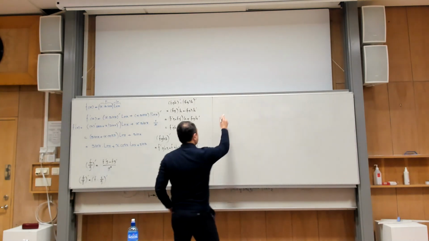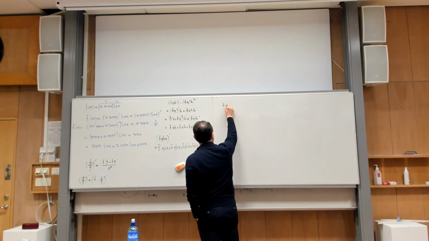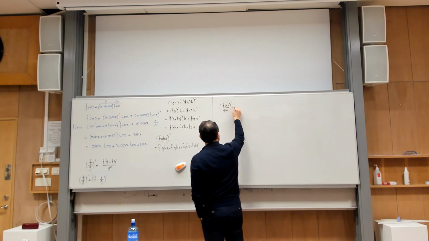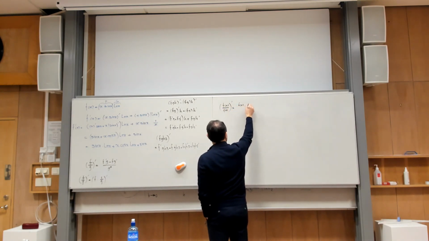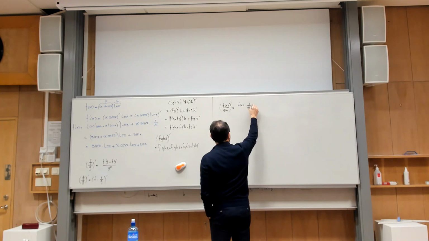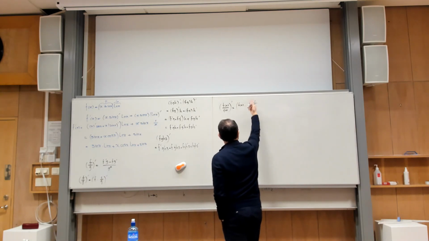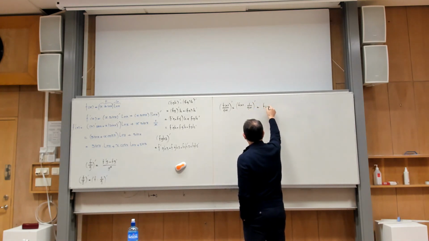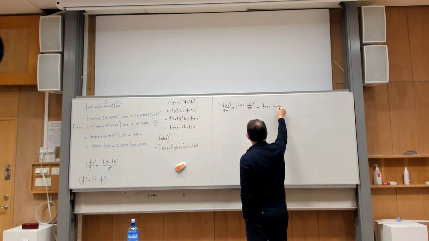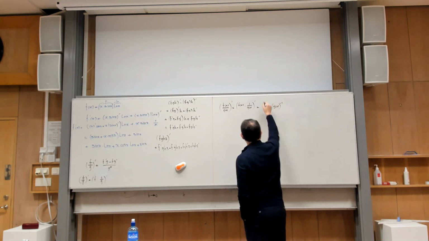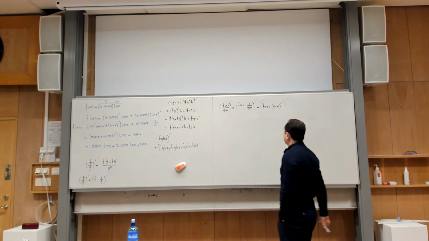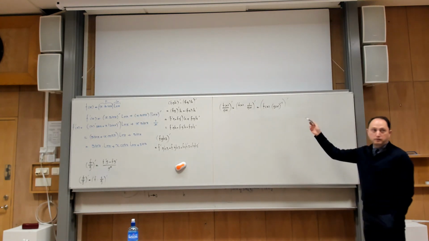Yes, let me write it like this. f of x over g of x, prime. The first thing that I do, I write f of x multiplied by 1 over g of x, totally prime. And then I bring it up. It becomes f of x times g of x to the power of minus 1, then prime. Yes? I hope that you understand what I have written here, yes?